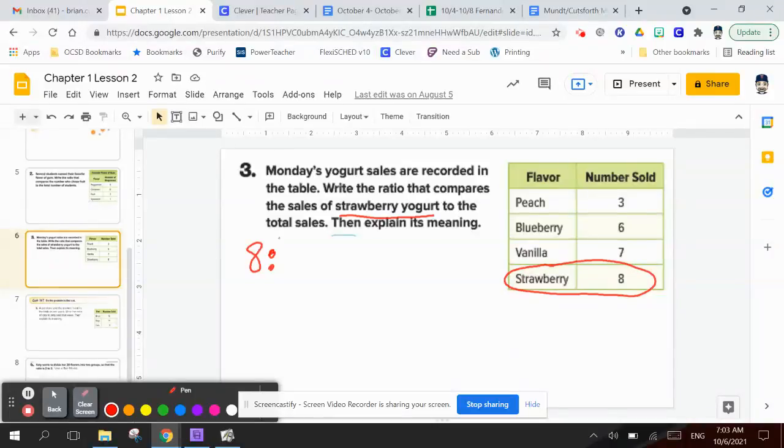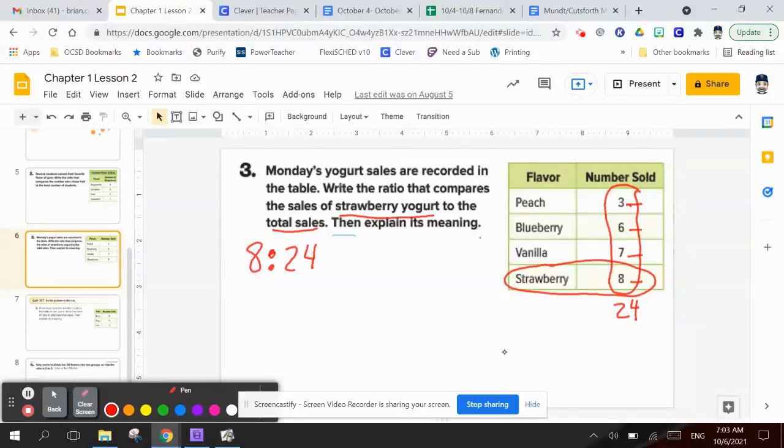I'm going to compare that to the total sales. So here's the number sold. So how many were sold altogether? Well, there's 3, 6 is 9, 9 and 7 is 16, 8 more is 24. So I have 8 to 24. Now I have to put that in simplest form.